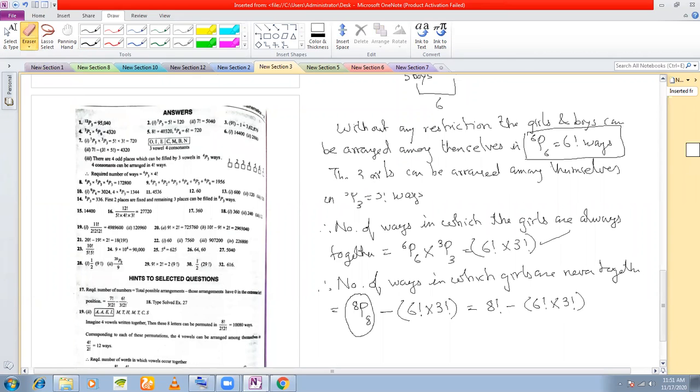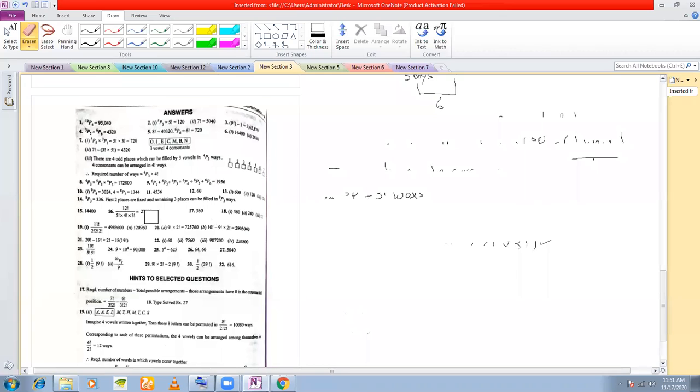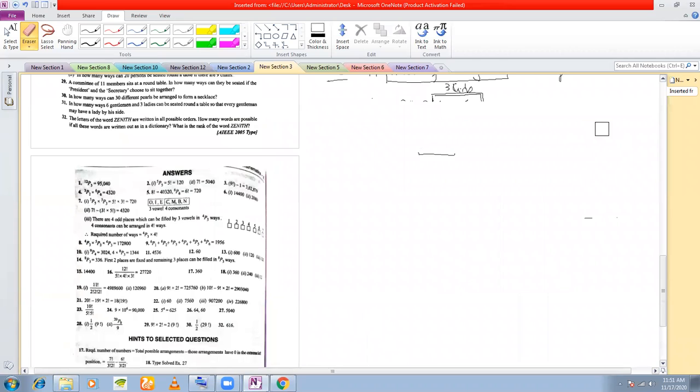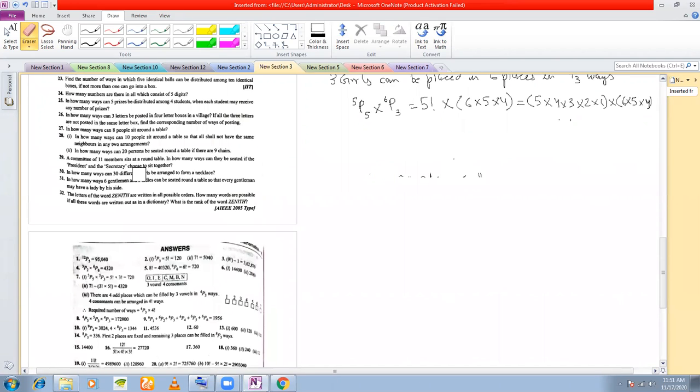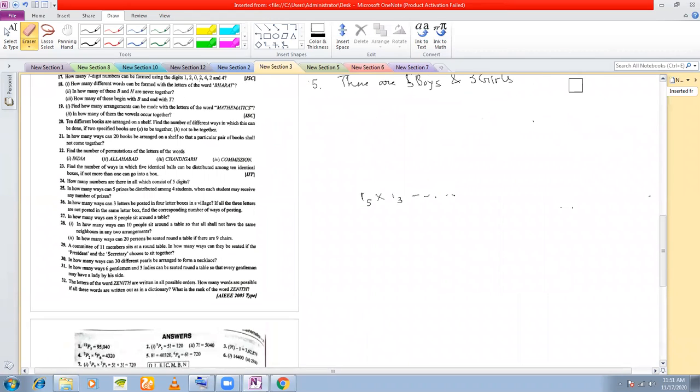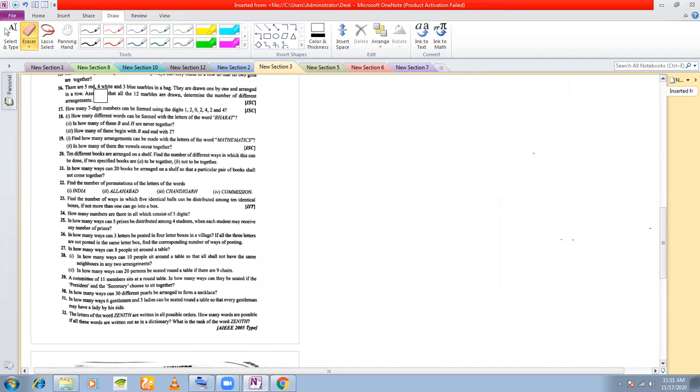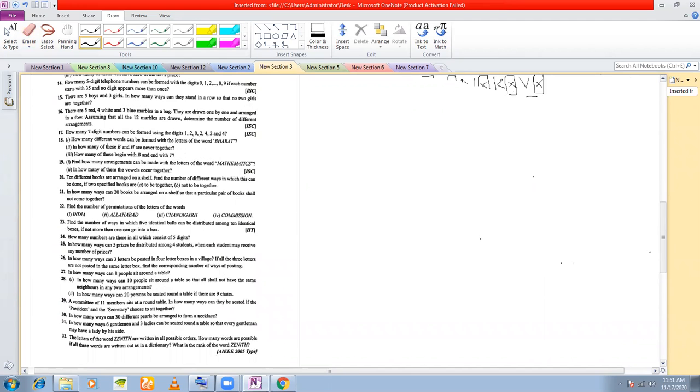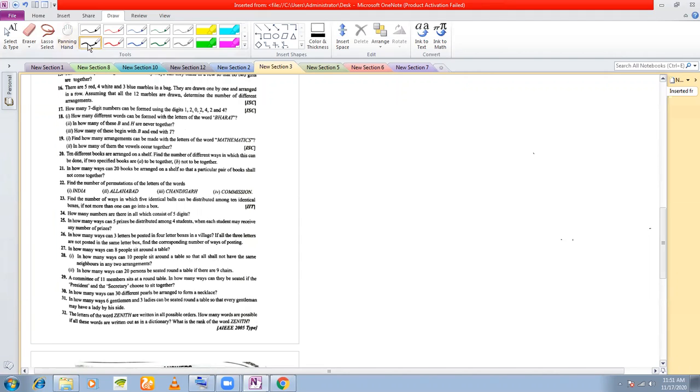Okay, let's see another problem. Before starting with the next problem, the next concept is this: suppose I have three red colors, four blue colors, and two green colors.